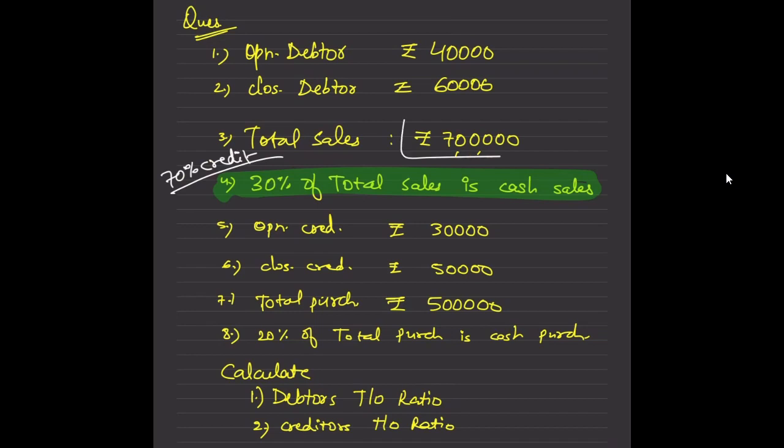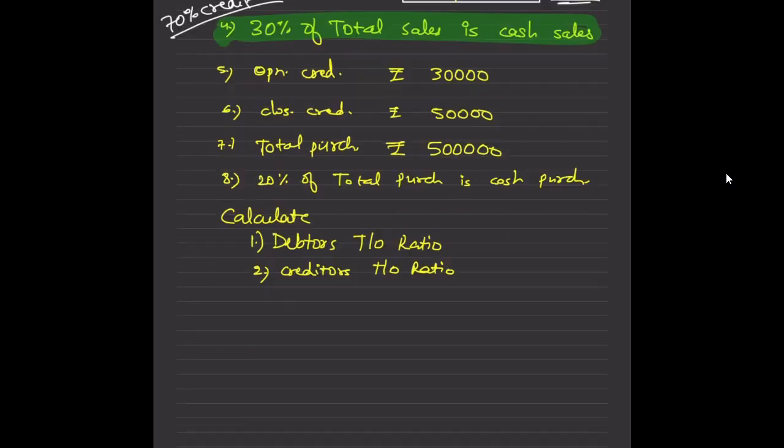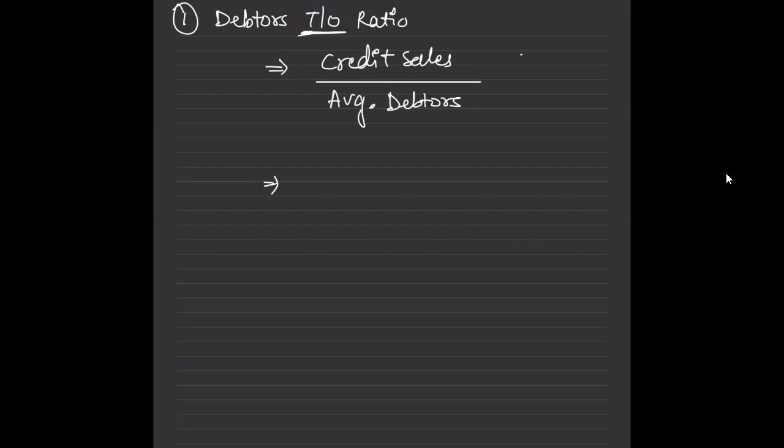Total sales were 7 lakhs. Out of this, 70% is the credit sales. So do 70% of your 7 lakhs. This would give you 4 lakh 90,000. That is your credit sales.